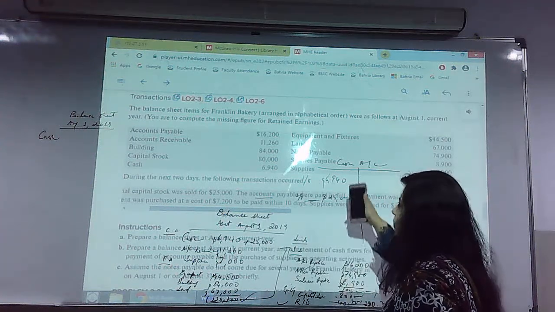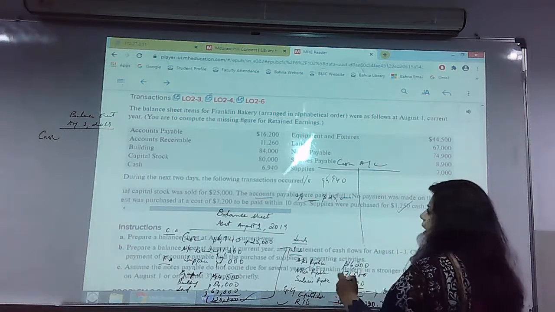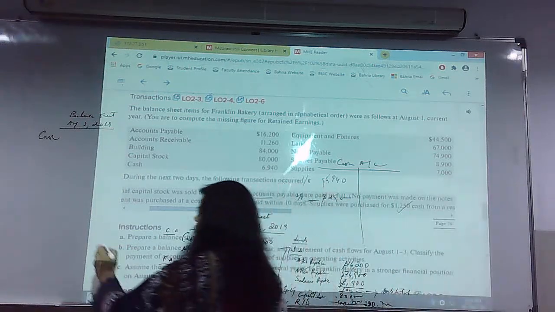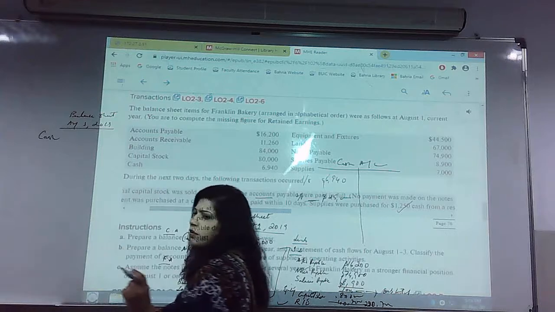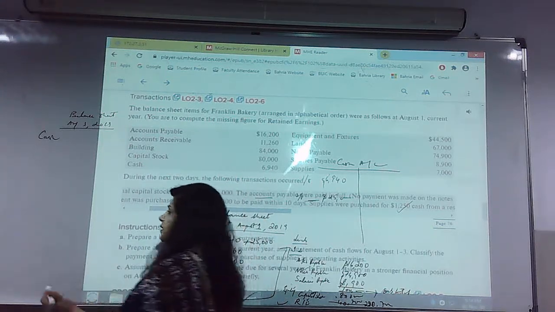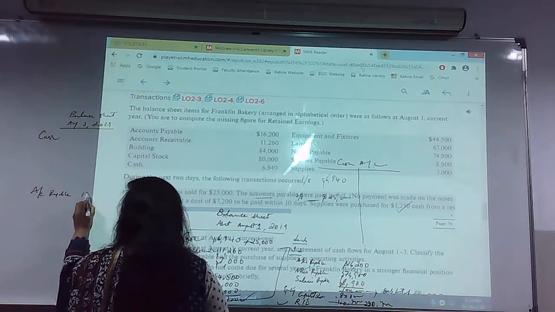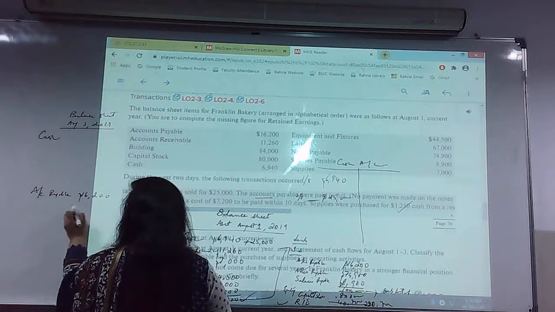But now accounts payable were paid in full. So how do you settle accounts payable? Initially accounts payable is credited, right? But when you are settling it, it is debited to accounts payable, 16,200 to cash.